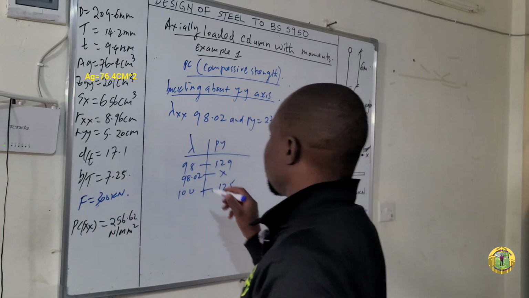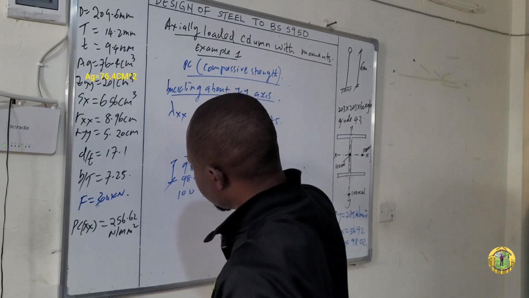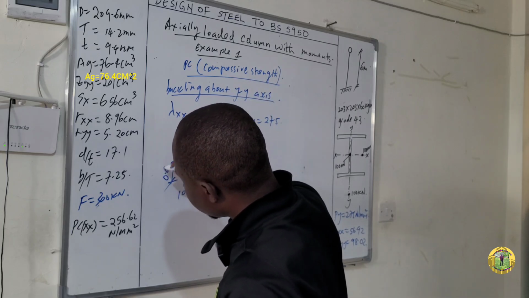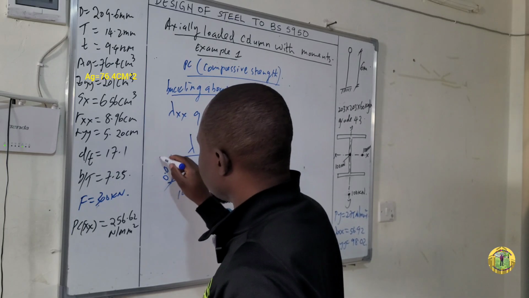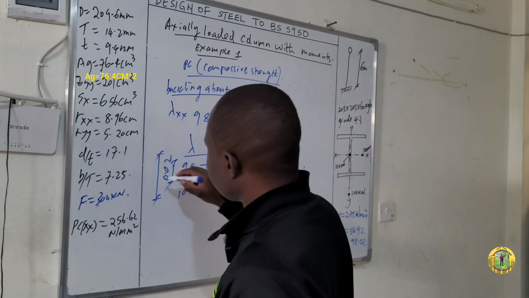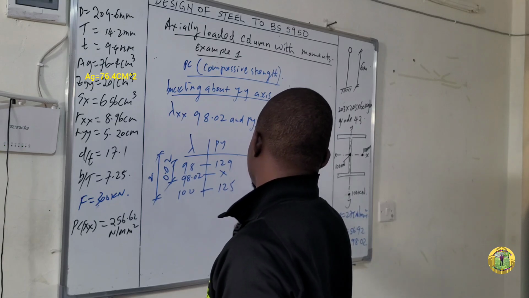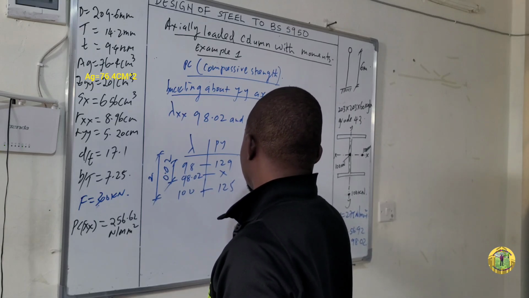So get the difference between these two. This is 0.02, and for this one it is 2. This is 4.